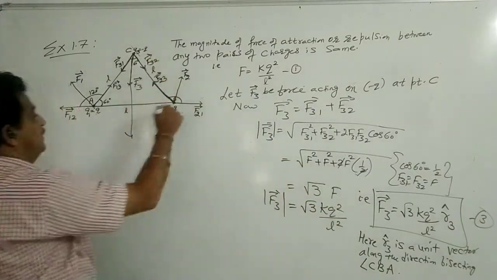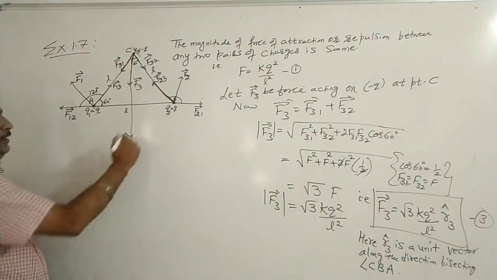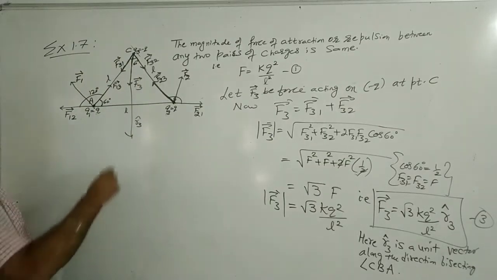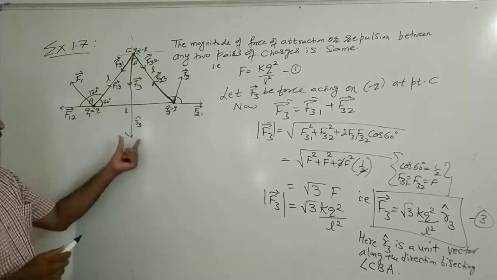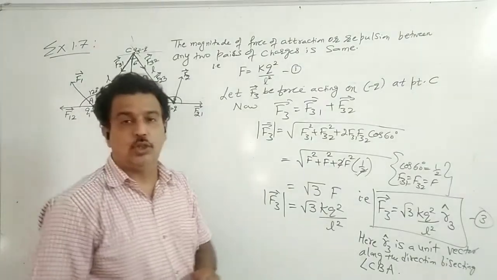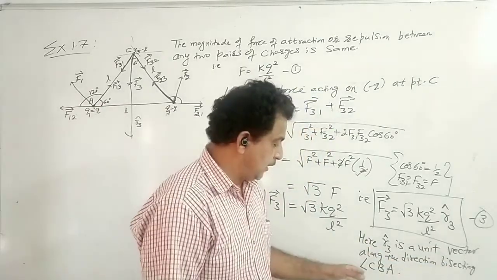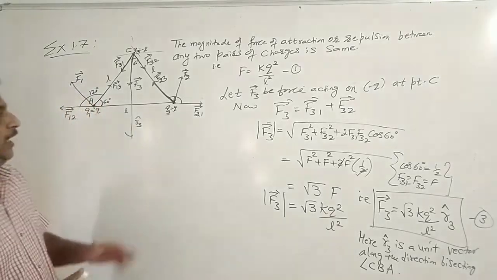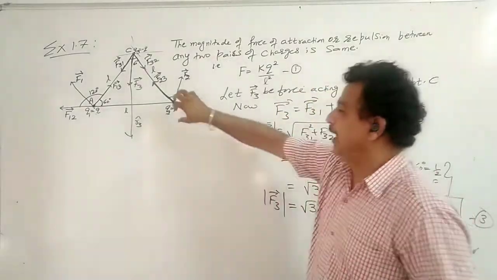So this is CBA and this is the bisector, that is r3 cap. Direction is downward. If we draw a Cartesian coordinate system here, I can also call it along the negative y-axis. But because the Cartesian coordinate system is not drawn, I am writing it is a unit vector along the direction bisecting angle CBA. So this is how we find out the resultant force acting on the individual charges.